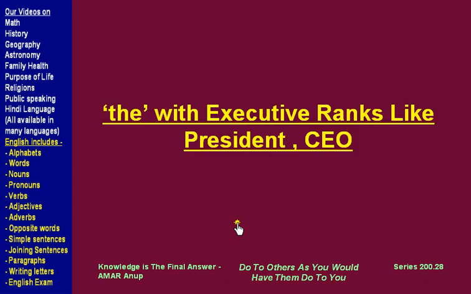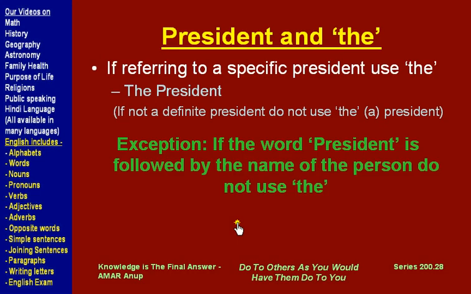Now what about use of "the" with executive ranks like president, CEO, etc.? If you are referring to a specific president and you know there is only one of that, then you can use "the president."